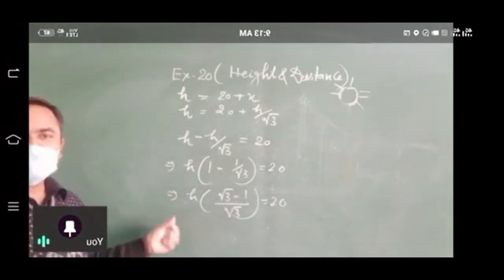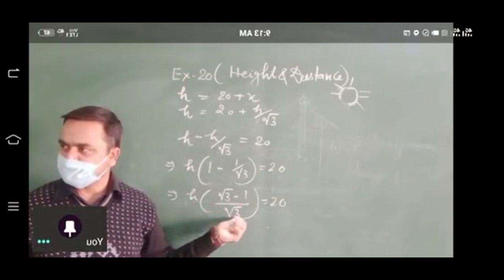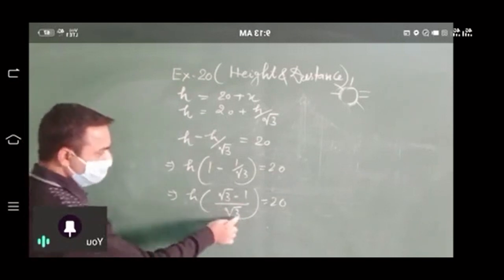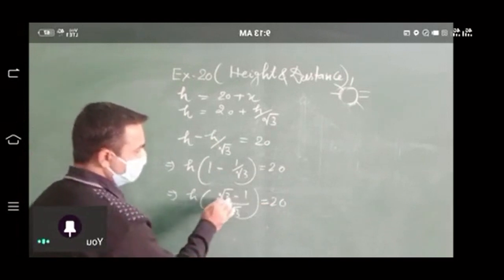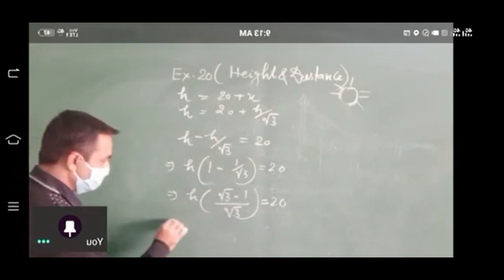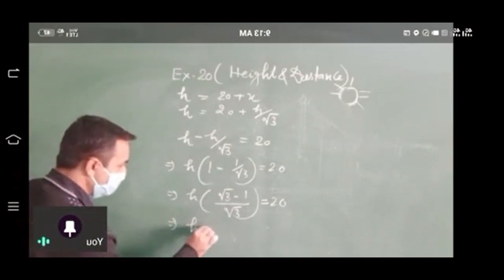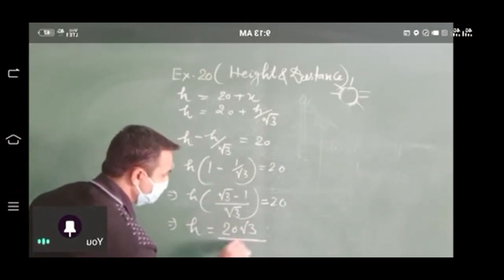Now leave the h here and do the cross multiply. So this under root 3 will multiply with 20 and this under root 3 minus 1 will divide 20. So your h will be 20 under root 3 divided by under root 3 minus 1.